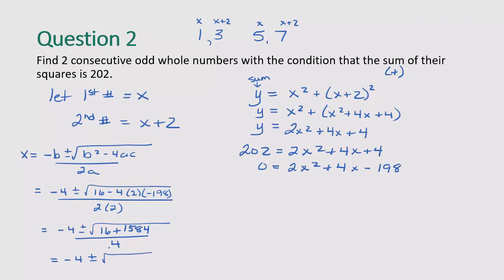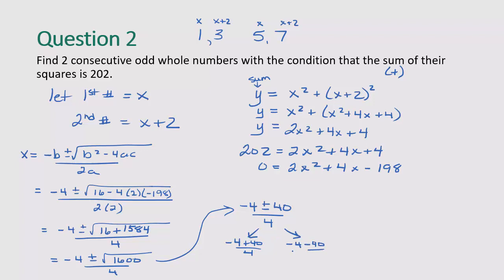When I add those two numbers, I get 1600. And 1600 is a perfect square. It gives you 40. So that means I have minus 4 plus 40 over 4, and I have minus 4 subtract 40 over 4.